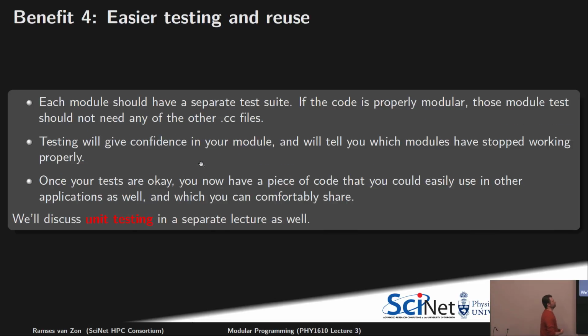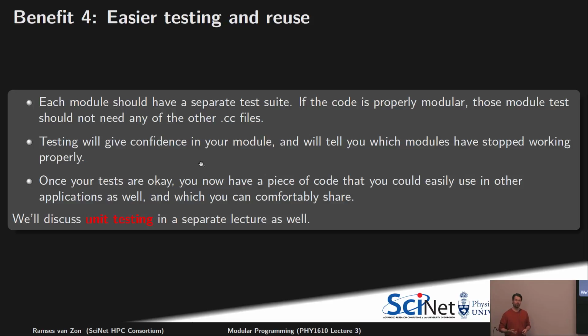And then finally, and we'll talk about this too in a separate lecture, having these modules not interact makes it easier to test them, and also easier to reuse them. Once you have a module that can do a certain task, you can basically see it as its own quantity. So each function separately can be tested.